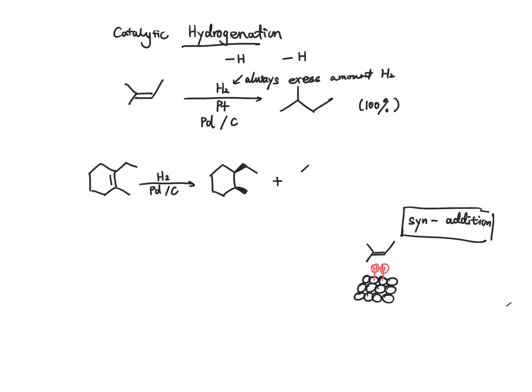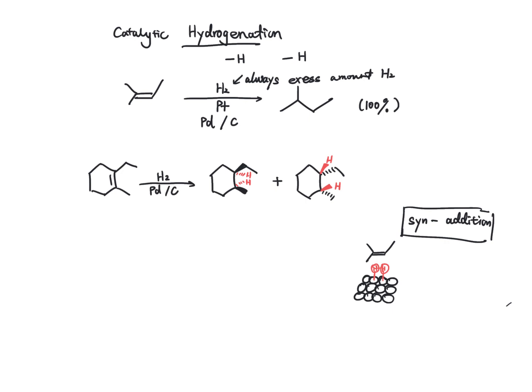So we will draw them either all on the dash or on the wedge. If you want to show the hydrogens, you are welcome to. These two hydrogens will be on dash, and these two hydrogens will be on wedge. But usually for bond line, we don't show the hydrogens, but that will dictate where other groups will be.